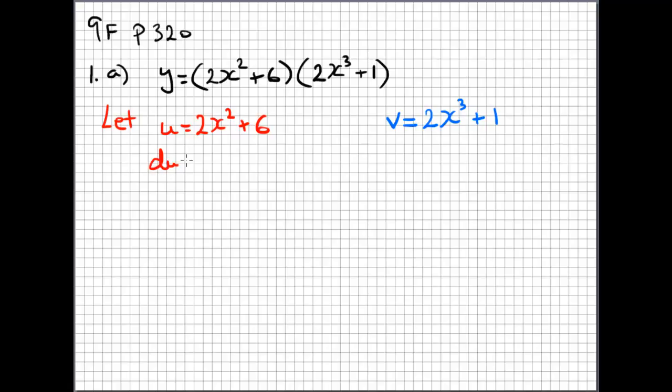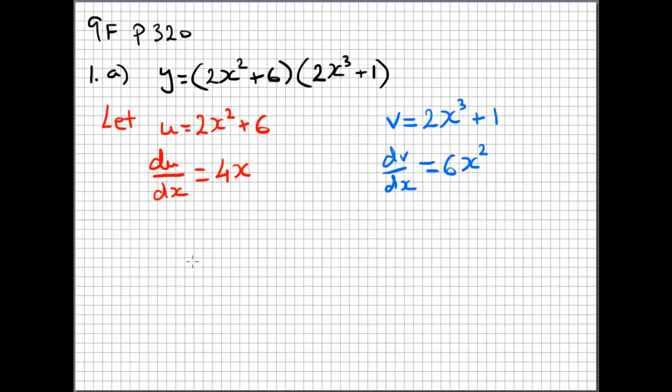So du/dx, which is finding the derivative of u, is 2 times 2 is 4x, and finding the derivative of function v, dv/dx equals 2 times 3 is 6x squared.